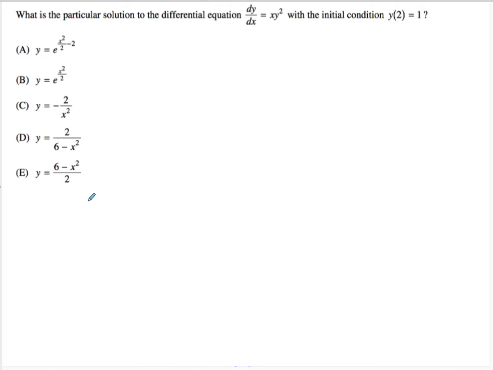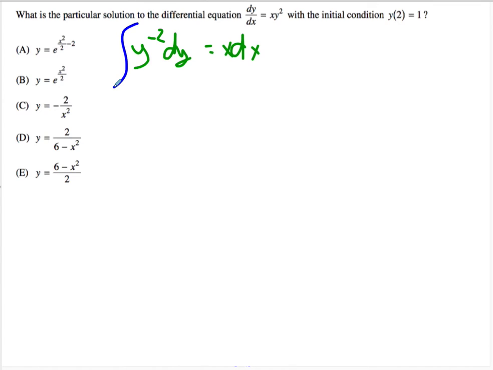And finally, 35 MC. What is the particular solution to the differential equation dy/dx equals xy² with the initial condition y of 2 equals 1? All right, so what we'll do is first separate this. We'll have y to the -2 dy, because I'll divide by y squared, which is really y to the -2, equals x dx.